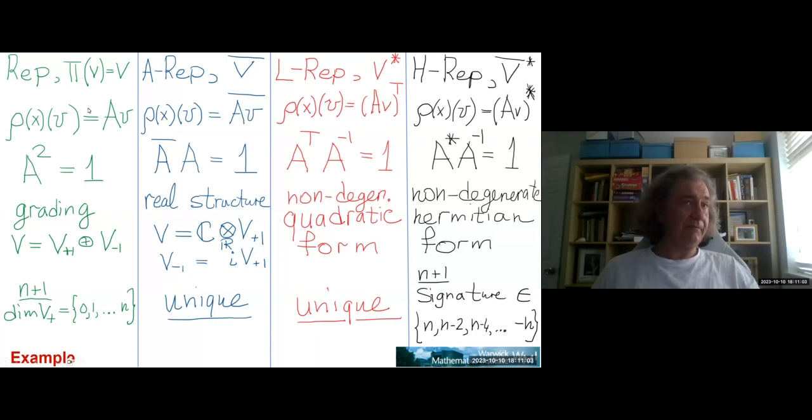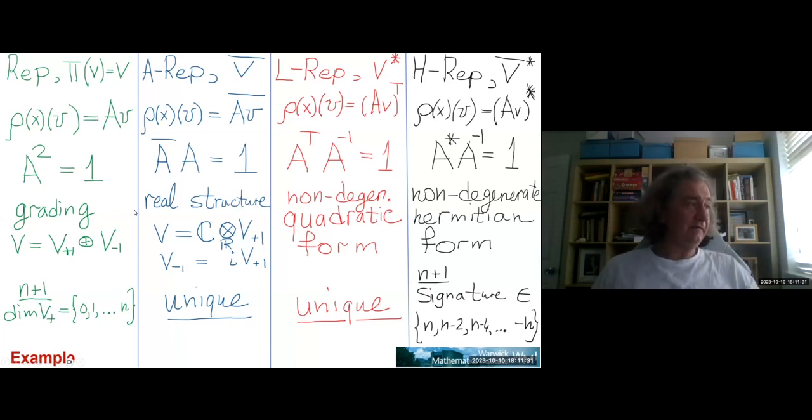And you can see immediately some similarities between the usual theory and H, and the antilinear theory and linear theory. Because here you get a real structure on a vector space, and it's essentially unique up to isomorphism. Here you get a non-degenerate quadratic form over complex numbers. It's also unique up to isomorphism.